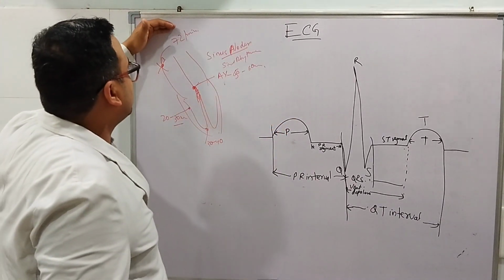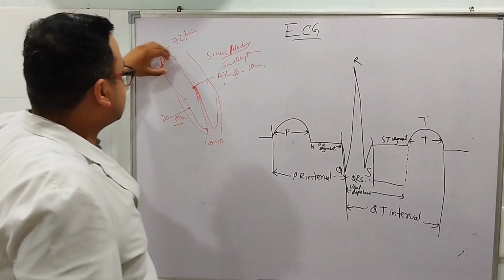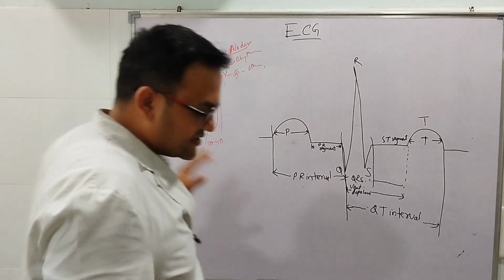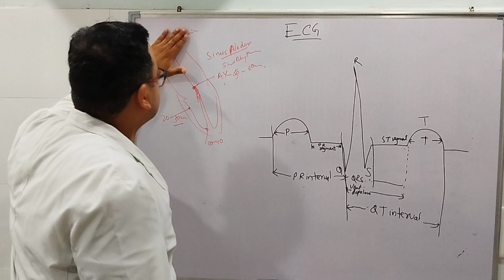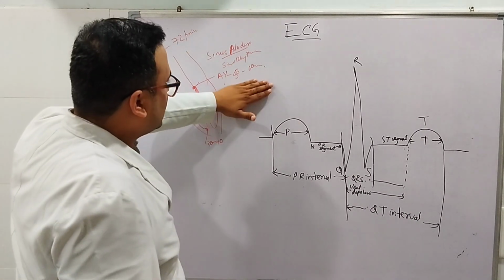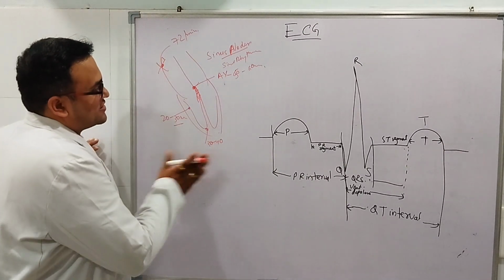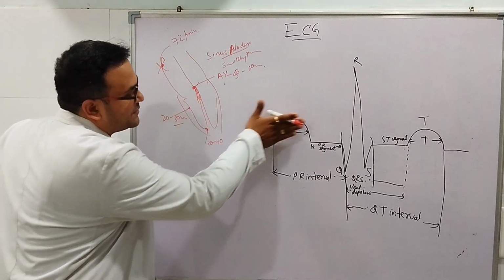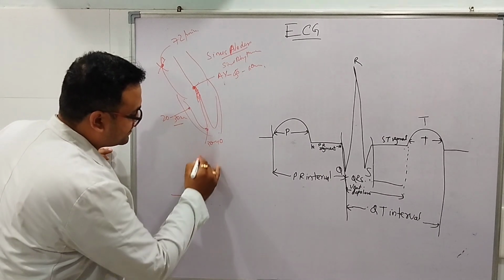Since the SA node fires maximally, that is why it fires first and everything else stops firing any action potential. So if the SA node is not firing, the AV node will take up its role and fire, and in that case there will be no P wave. We will not see any P wave.